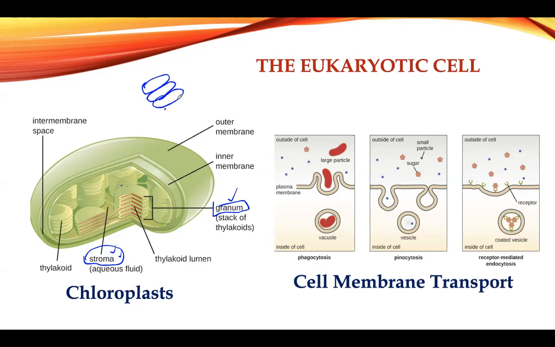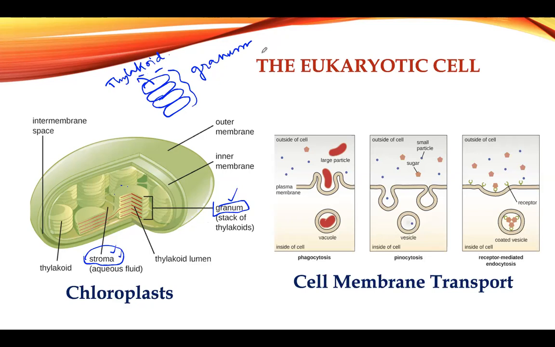together is called granum. Okay, and each flattened sac is called thylakoid. Okay, so basically, one on top of the other, in upright position, all those flattened discs together make the granum, and individual discs are called thylakoid.